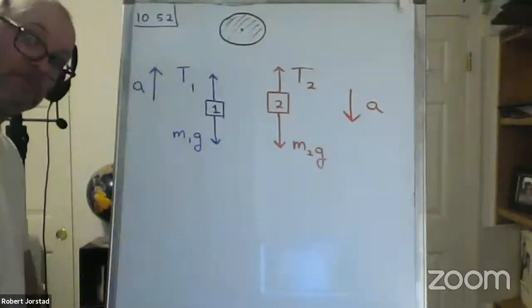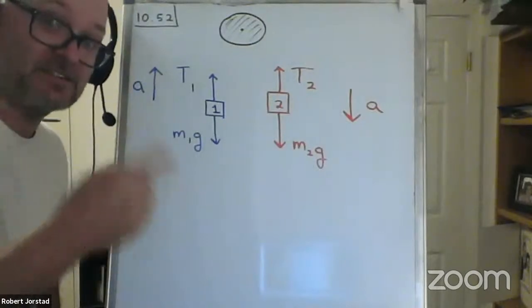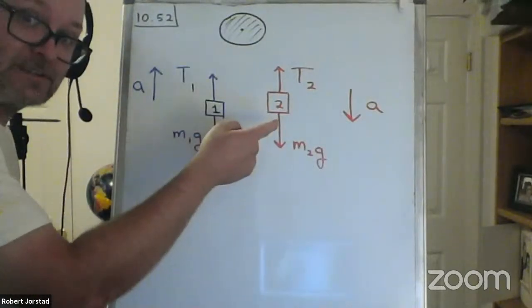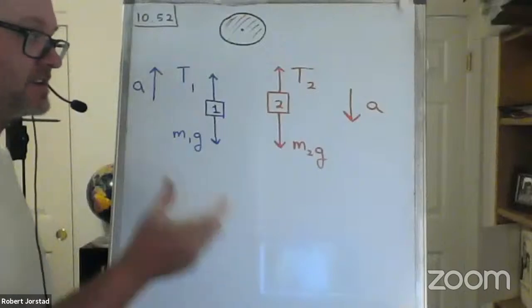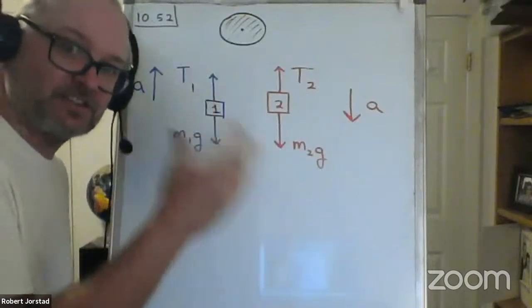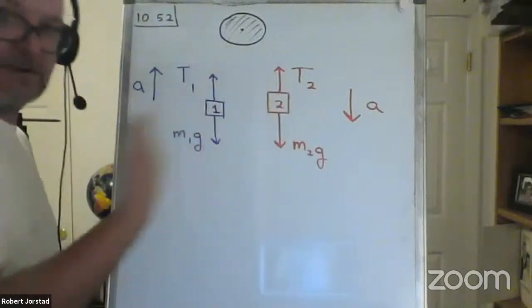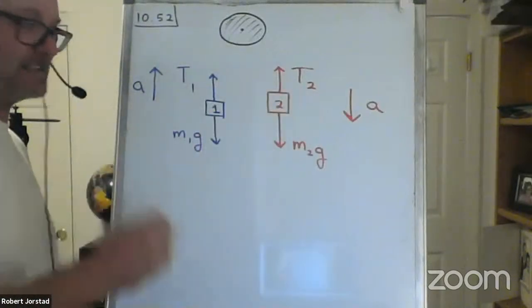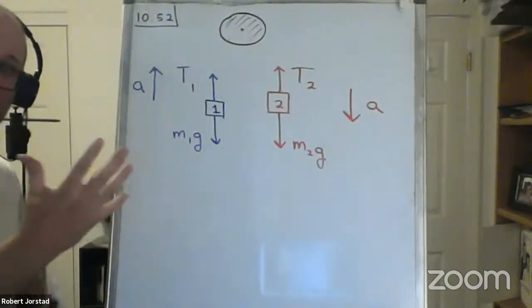Well, since tension's different, then acceleration has to be different. No, they're the same still. They're connected by the same string, which is not stretching. So if one of them moves 1 foot, the other one has to move 1 foot as well. So the accelerations are still identical because they're still linked by a non-stretchy string. Now, if you hook these up with a bungee cord, then they would be different. So that's what's unique about this. The tensions are no longer equal, but the accelerations are still equal.